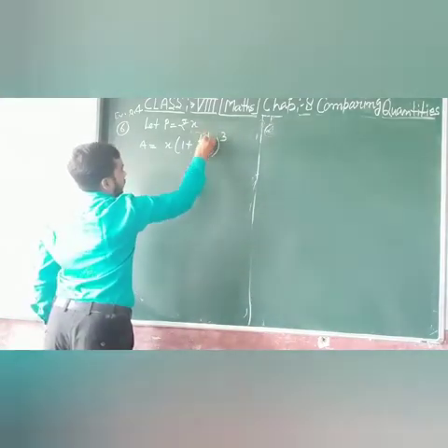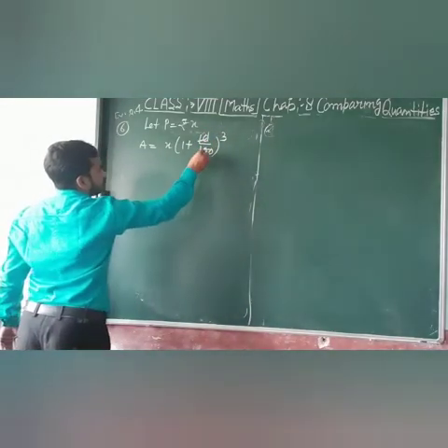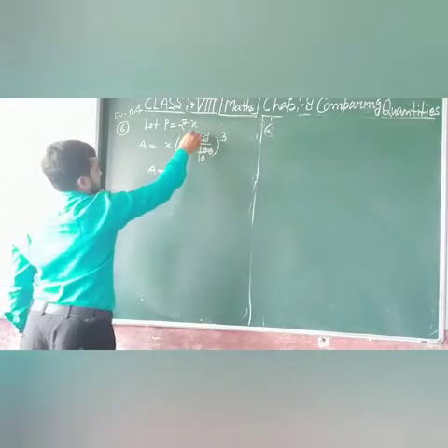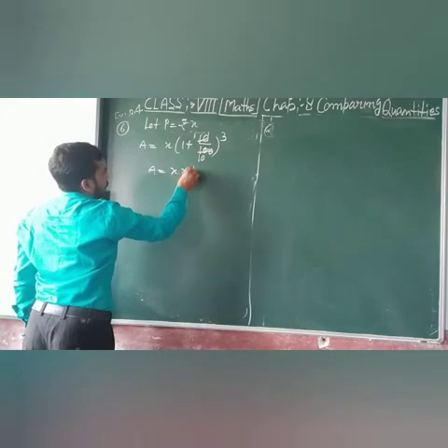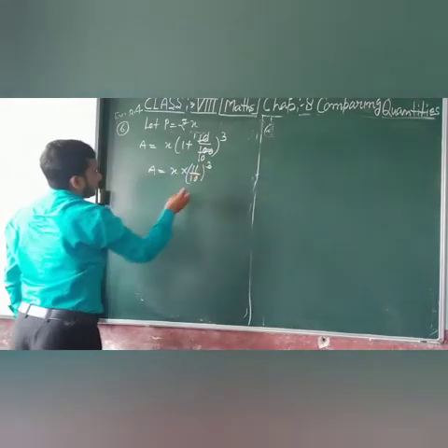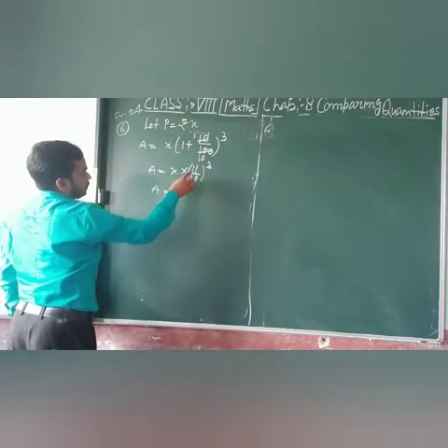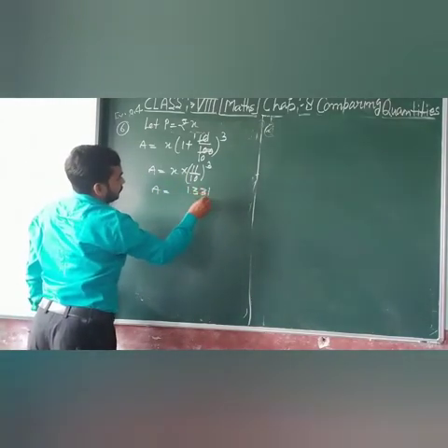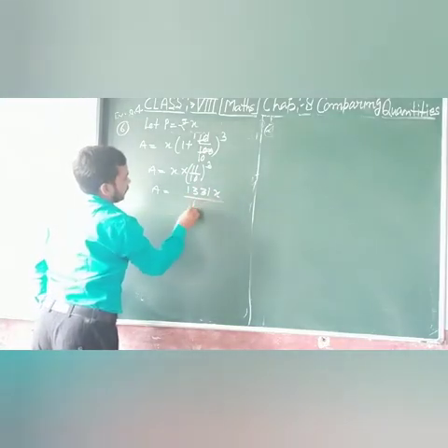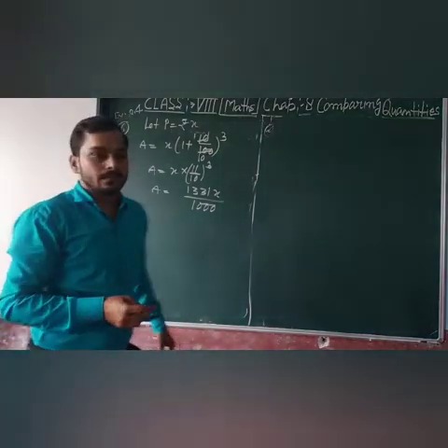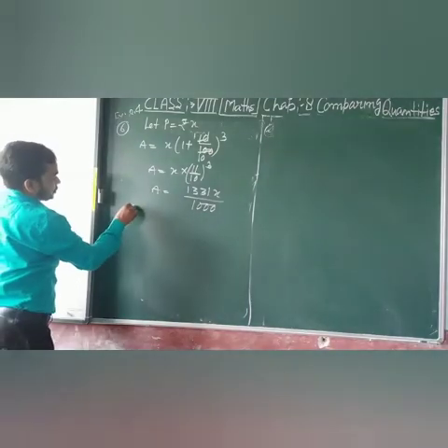So 10 बटा 10, 10 बटा 10. So amount equal x into (10 बटा 10 plus 1), 11 upon 10 whole power 3. The amount equal cube of 11, 1331 x upon 1000.